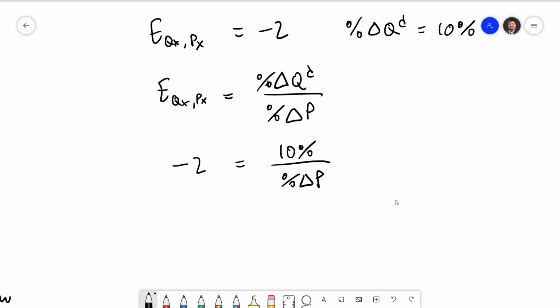I'll multiply both sides by percent change in price, so I'll get -2 times percent change in price equals 10%. Divide both sides by -2, and that's going to give me percent change in price is -5%. And so what this tells us is that our manager, if they want to increase quantity demanded by 10%, is going to need to decrease the price by 5%.